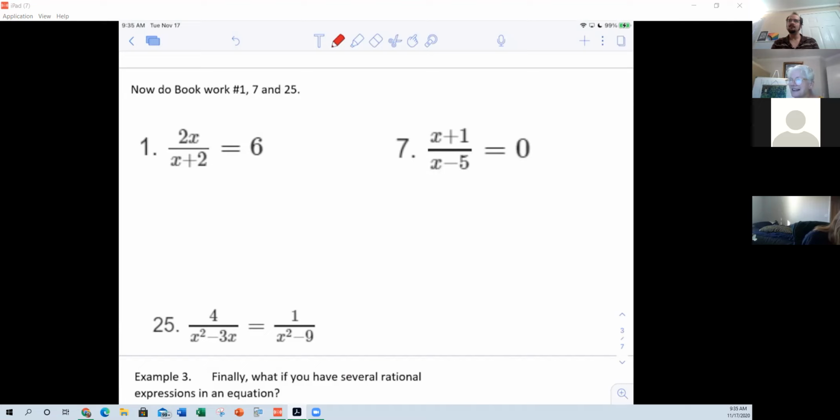Okay, let's go ahead. Timothy, would you walk us through number 1? Sure. So 2x over x plus 2 equals 6. So we're going to cross multiply by 6 over 1. After you multiply, I rewrote the equation to 2x equals 6 times x plus 2.